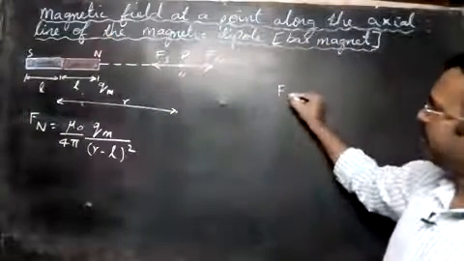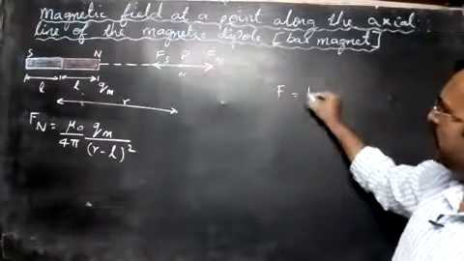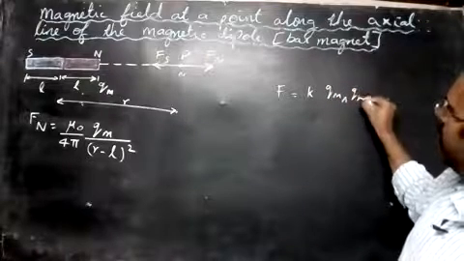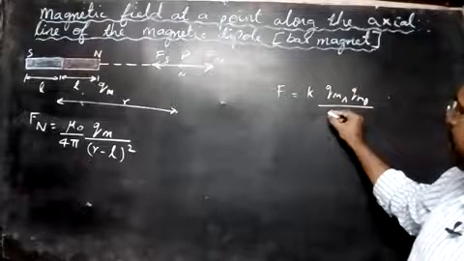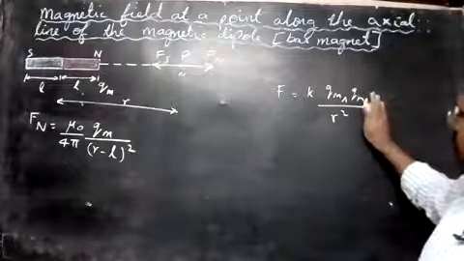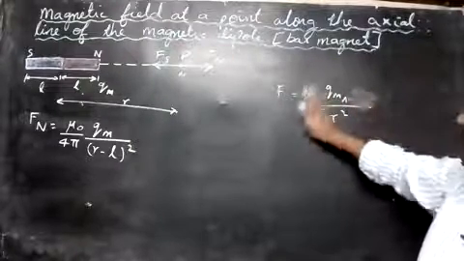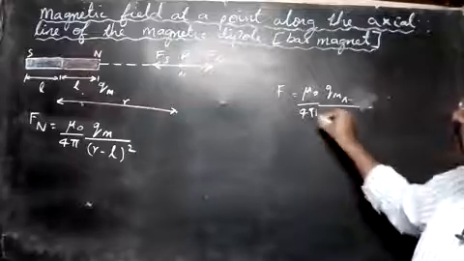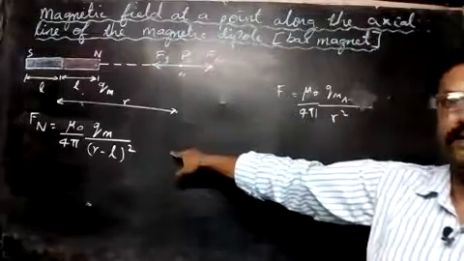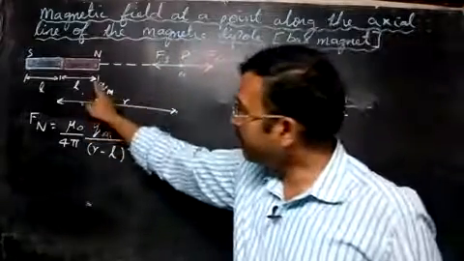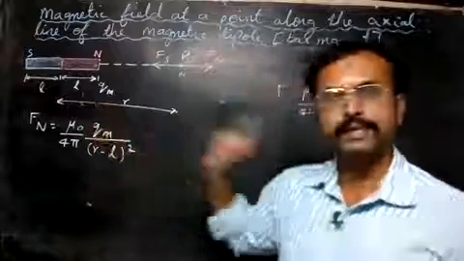We learned that F is equal to K into Qm A Qm B by r square. But we don't have a second one, so we'll leave that. And the K value we have is mu naught by 4 pi. So this distance will be r minus L, as I'm taking only the north pole here. That is r minus L, the whole square.